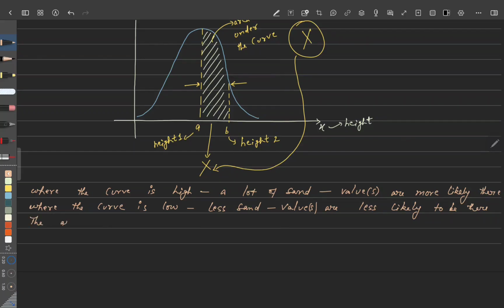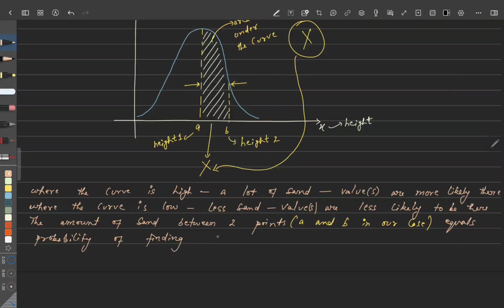The amount of sand between 2 points, in our case points A and B, equals probability of finding X in that range.